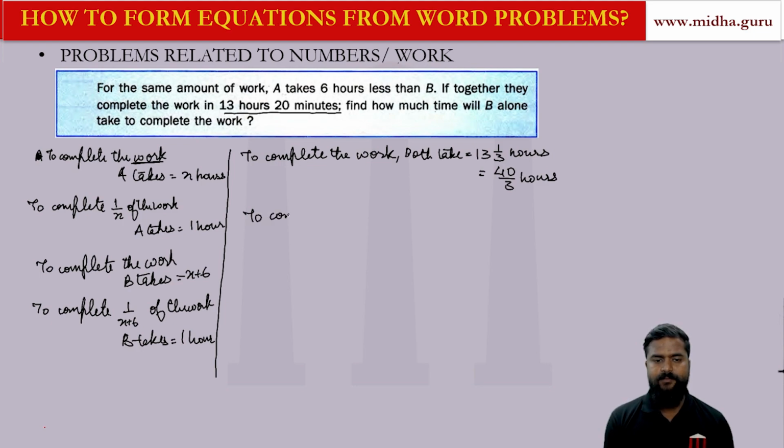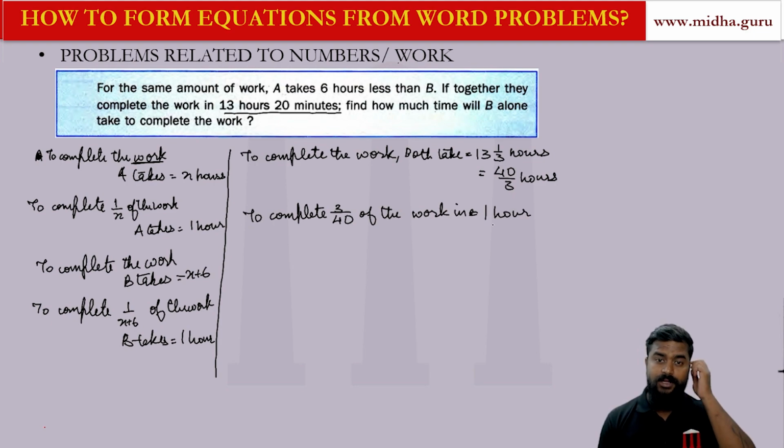Treating the work as 1 unit, they can complete 1 by 40 by 3, which becomes the reciprocal, 3 by 40 of the work in 1 hour. Now we have all the details of how much A can do in 1 hour, B can do in 1 hour, and what both of them can do in 1 hour together.